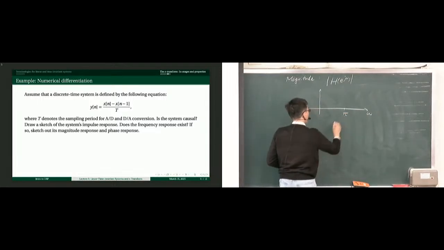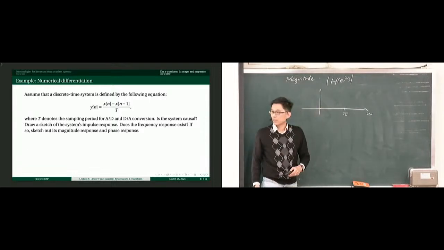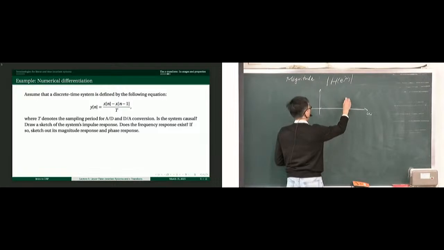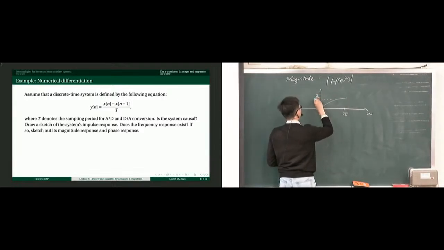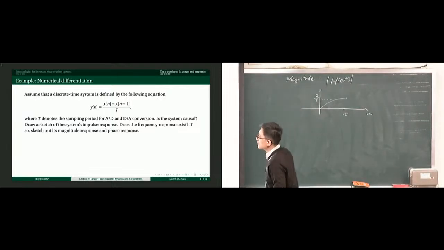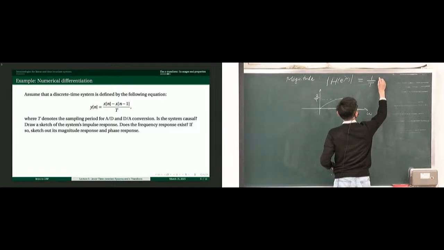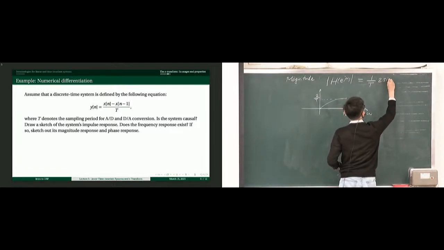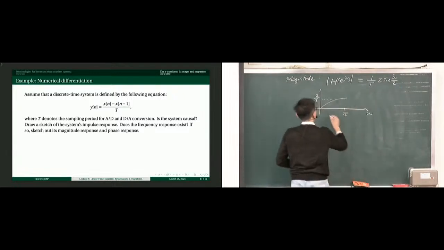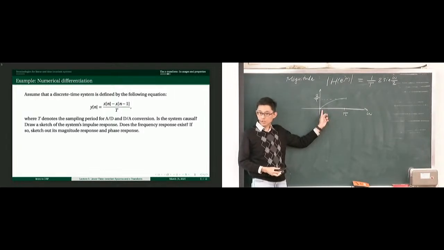So how about when it goes to pi? When omega equals 0, the magnitude equals 0, right? And then it reaches 2 divided by T, I think. Am I right? So it's 0 for frequency 0, for DC. The gain is 0 for DC.